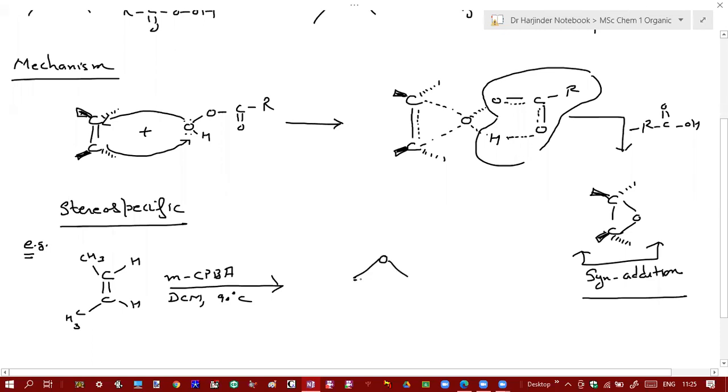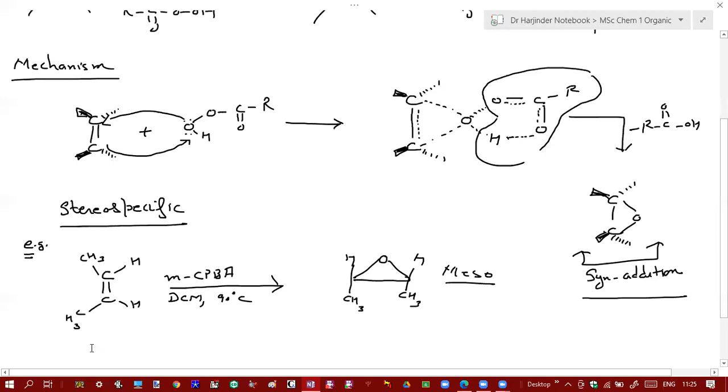So this is your carbon-carbon double bond, and here it becomes a carbon single bond to oxygen, and you get an epoxide ring. Now, what will be the position of these methyl groups and hydrogens? They will be on the same side or on opposite sides? Same side, because addition has taken place from the same side. Okay, it will be like this. So is this compound optically active or meso? Sir, meso. This is a meso product.